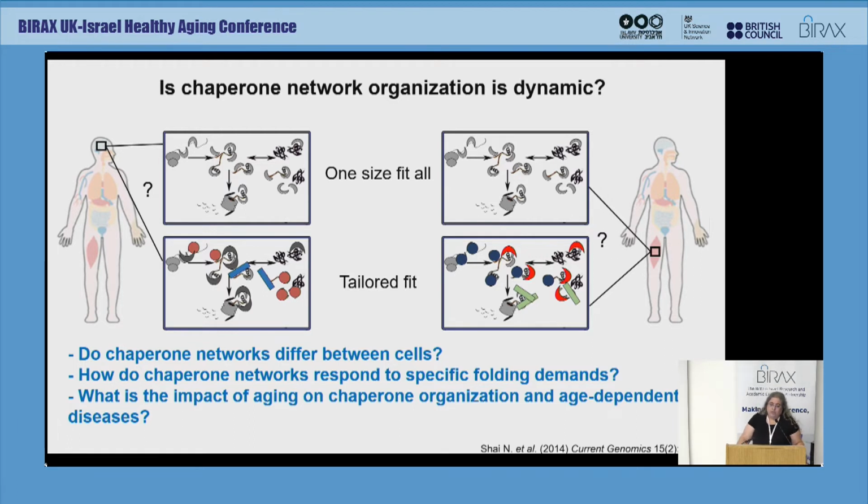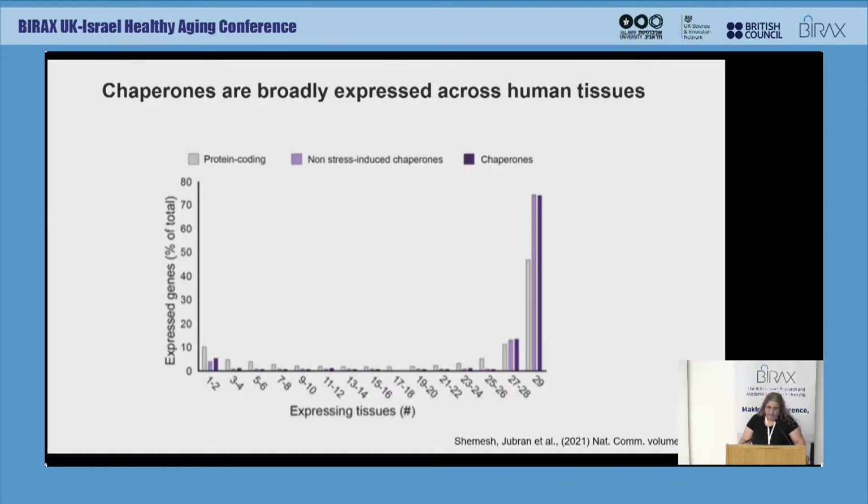And so what we wanted to ask is, if the chaperone networks differ between cells, and if they do, why is that? An assumption would be that it's to fit the needs of the folding environment, but it's an assumption that needs to be examined. And then, of course, whether or not this is impacting aging and age-dependent diseases.